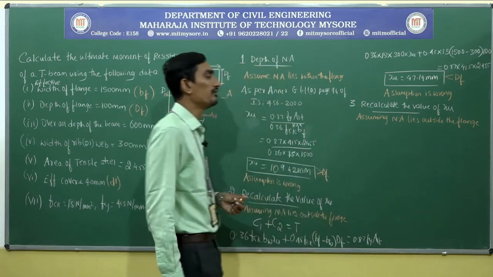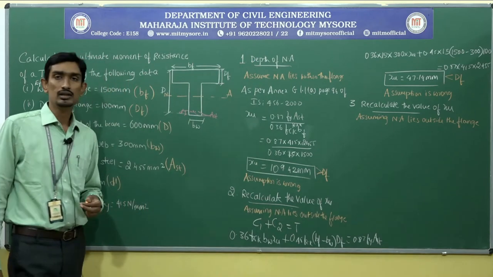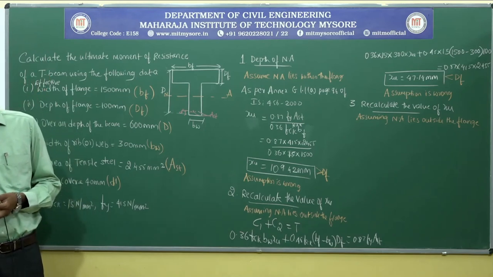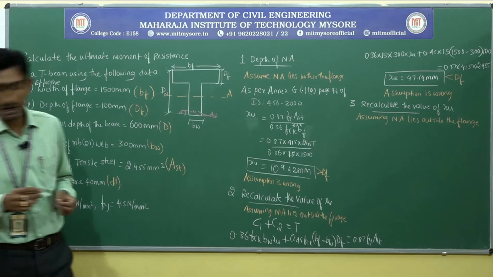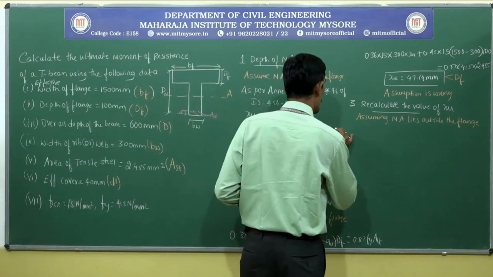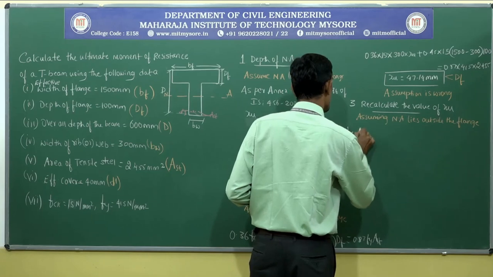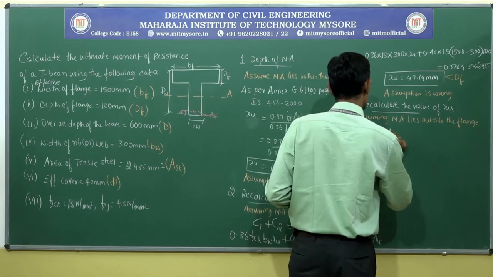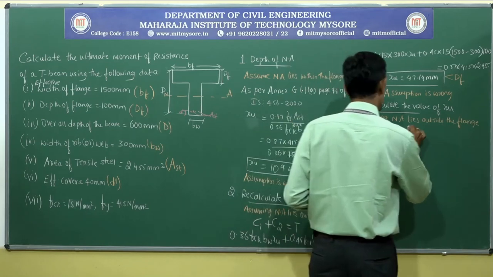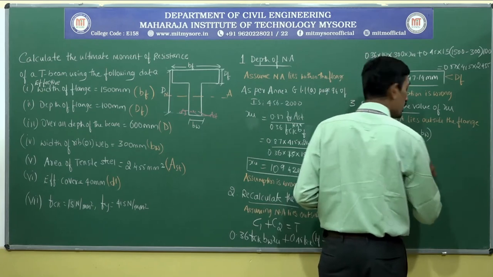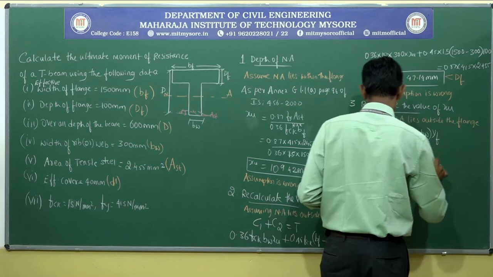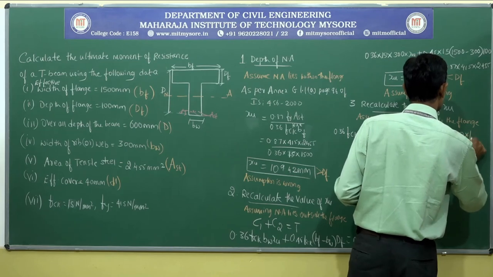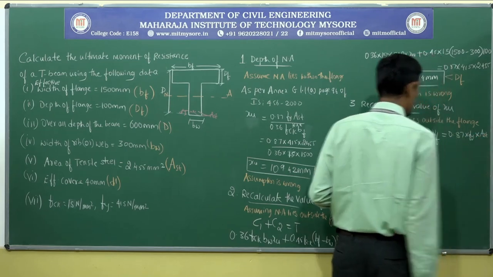Is it clear? So under these circumstances, how to go ahead? Once again I will recalculate the value of XU by assuming the neutral axis lies outside the flange. So once again substitute the parameters. The only change in the formula is, write down 0.36 into FCK into BWO into XU plus 0.45 FCK into BF minus BWO, instead of depth of the flange, it will be YF, equal to 0.87 into FY into AST.